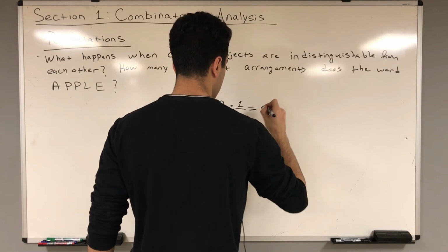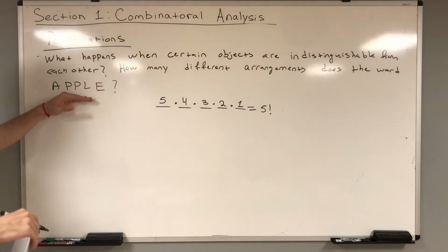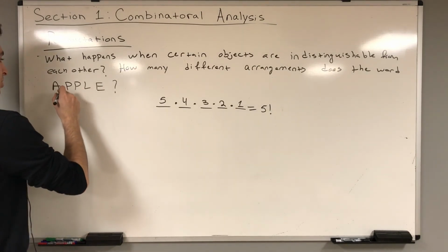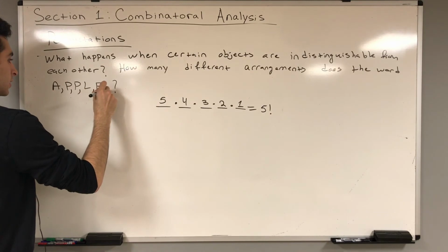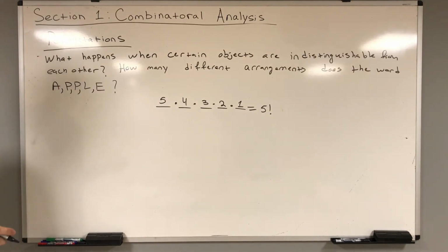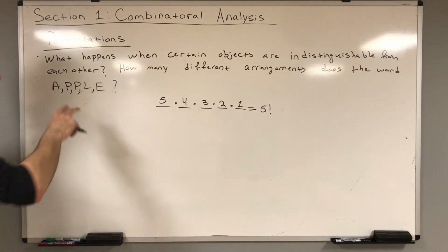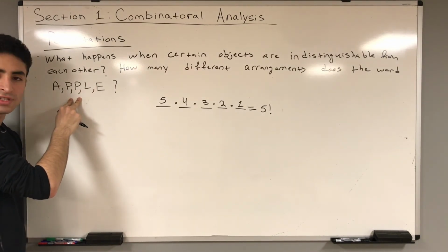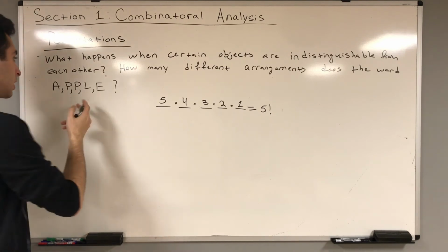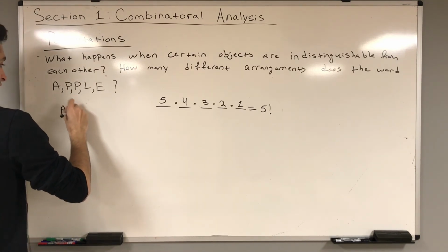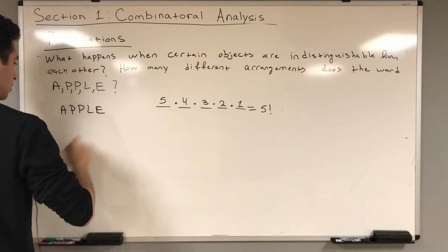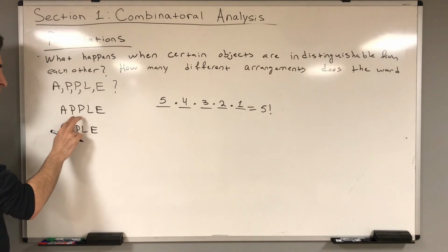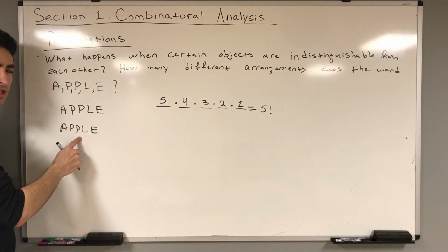But there's a problem specifically with this word. Or don't think of it as a word, think of them as separate objects, right? So you have A, P, P, L, E. The problem here is that 2 of the objects, particularly P, they're the same letter, they're the same object. So, if I had one arrangement like this, apple, and then another arrangement like this, apple, and I told you I switched this P with this P, so it gave me 2 different arrangements.